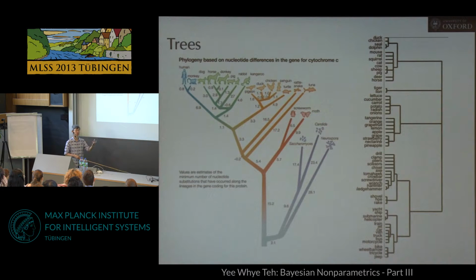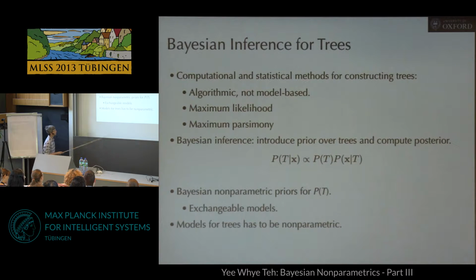And if you have 200 observations, then you're going to have a tree with 200 leaves. So in reality, models for trees have to be non-parametric in nature. They have to grow in complexity with your data set. So it's a very natural approach to take, this Bayesian nonparametric approach.